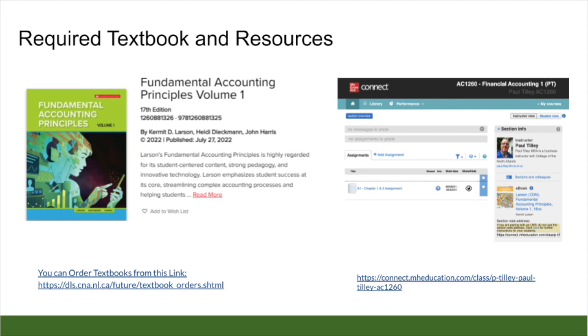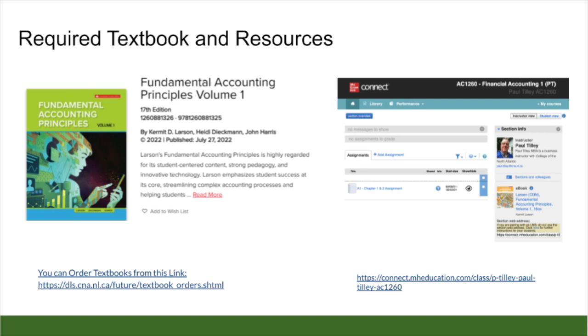Also, it's important that when you get the textbook, you also buy the Connect. We're using this Connect system. This is like a website that I've set up that deals with the course, and it contains the assignments and the quizzes. So it's important you connect to that.